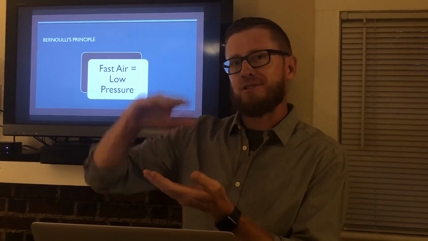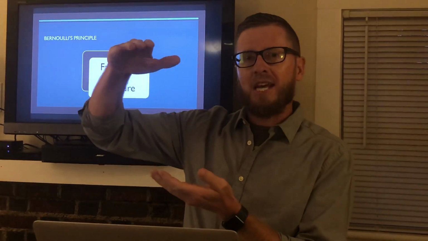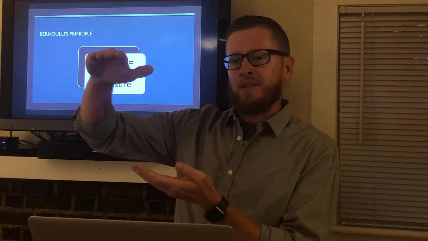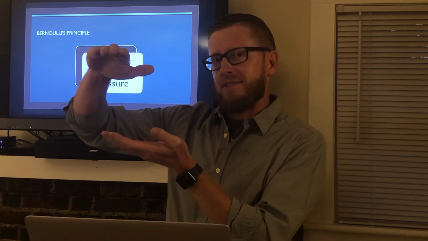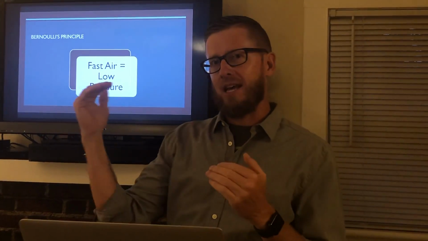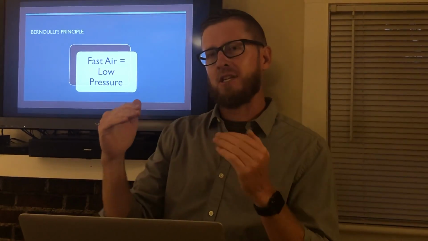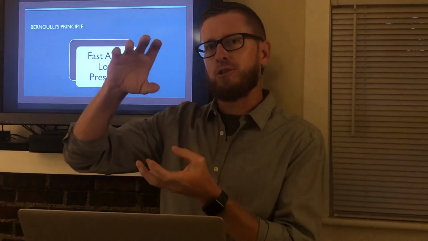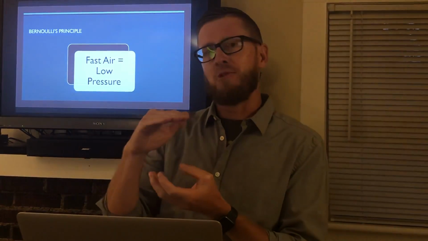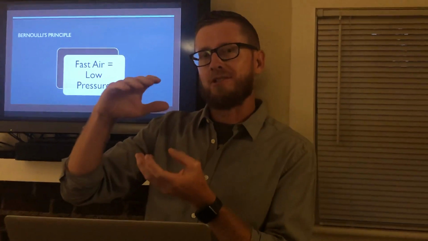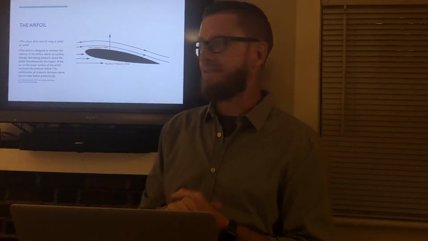So you have a high pressure and you have a low pressure. And with that low pressure above the wing, it creates lift. Your speed is going to dictate what those pressures are doing compared to gravity, and with enough speed, those pressures become greater than the force of gravity.